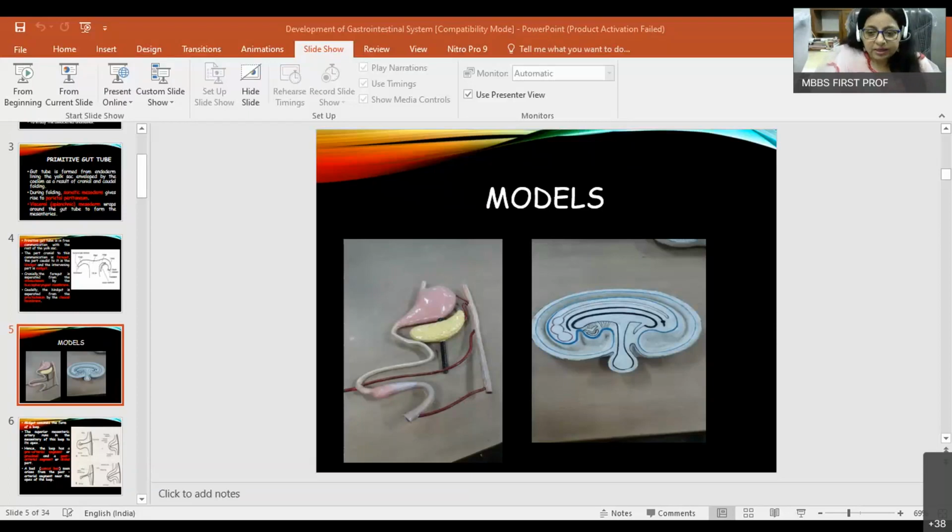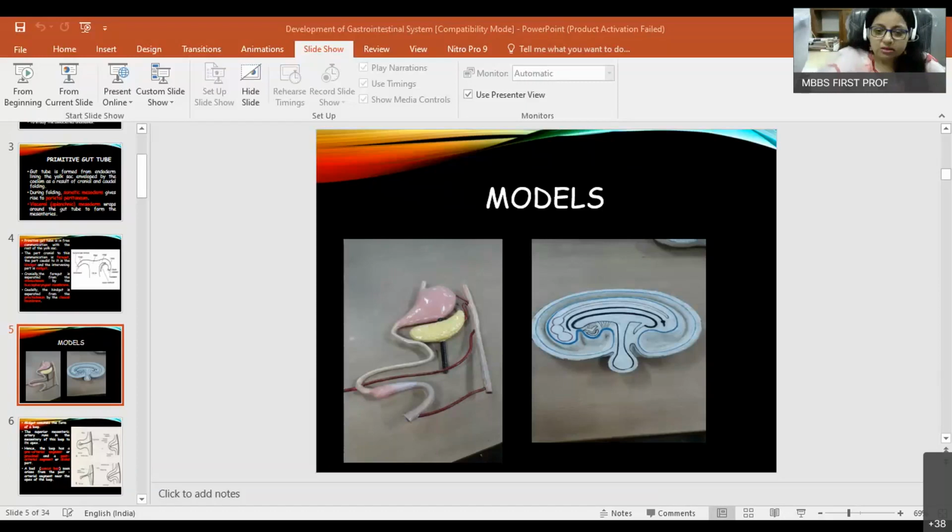Okay, so going back to the previous slide, the learning objectives for this class is to basically describe the development of primitive gut. By the end of the class, you should be able to enumerate or describe the parts of developing GIT, along with the development, how it takes place, partitioning of cloaca, and enumerate or list the derivatives of the foregut, midgut, and hindgut.